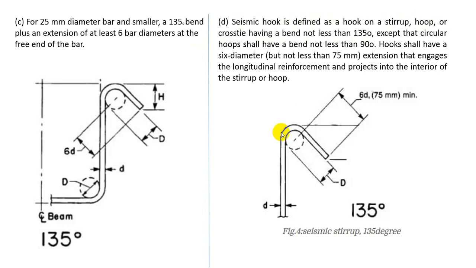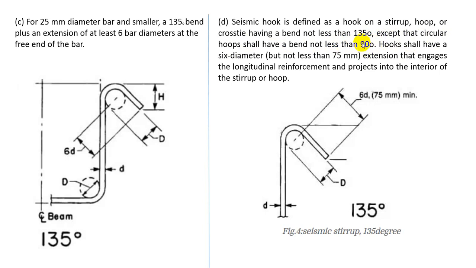That means for seismic or earthquake design, the hook of a stirrup and tie bend shouldn't be less than 135 degree, except that circular hoops shall have a bend not less than 90 degree.